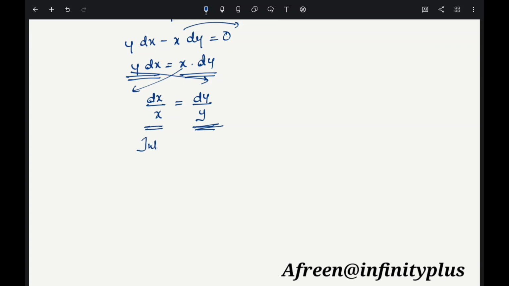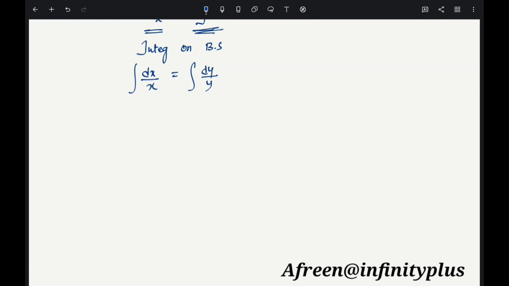Now integrate on both sides. After integration, you have to write it as integration of dx by x is equal to integration of dy by y. So integration of 1 by x is log x, which is equal to integration of 1 by y is log y, plus in place of c I am writing it as log c.